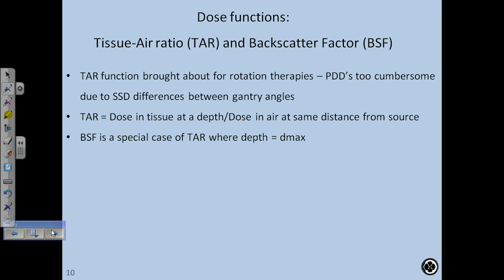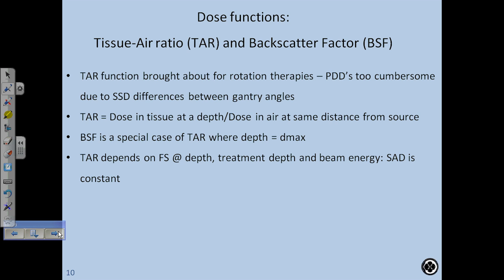I'll draw the triangles in a second. BSF means backscatter factor. It's a special case of TAR where depth equals Dmax. TAR depends on depth and on field size. Backscatter factor doesn't depend on depth because depth is constant at Dmax. So it depends on field size, treatment depth, and SAD is constant. TAR is practically independent of distance to source.